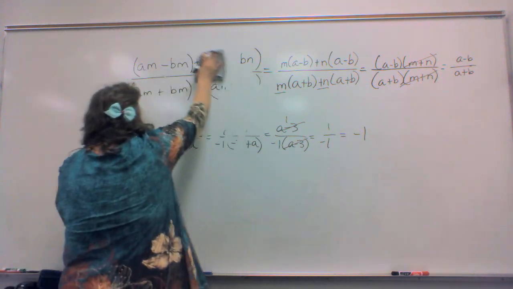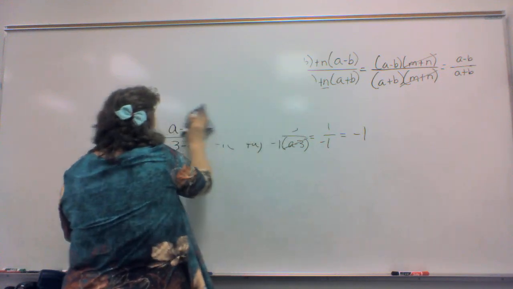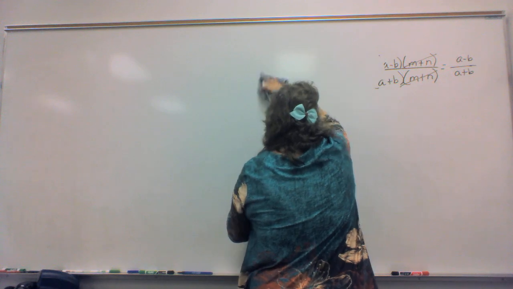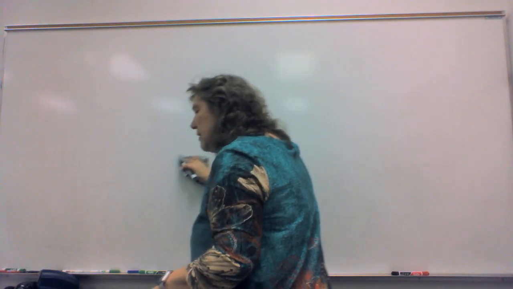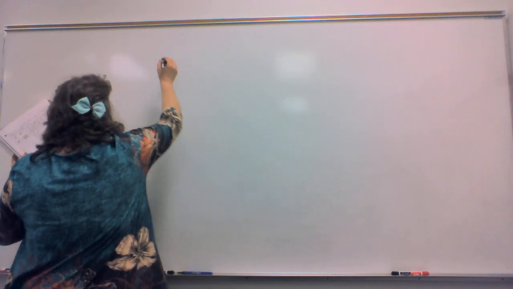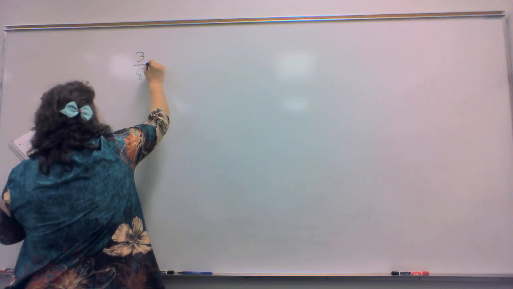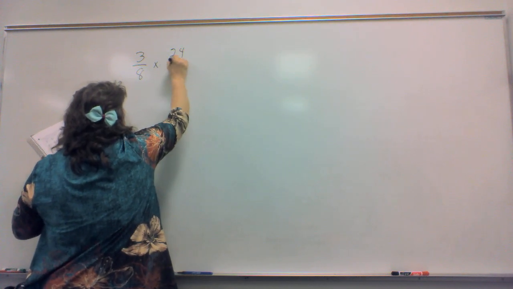So let's now look at multiplication of rational polynomial expressions. When we're multiplying, that means we're going to have two or more. So let's look at these. Let's look again at multiplication of simple fractions using the method that we're going to use.